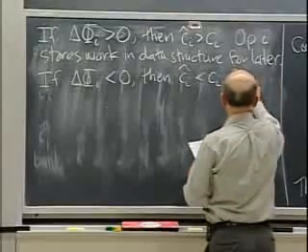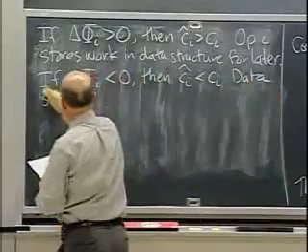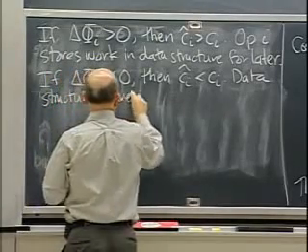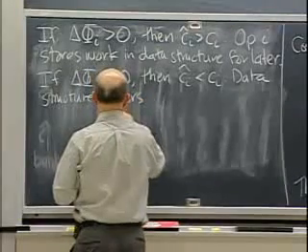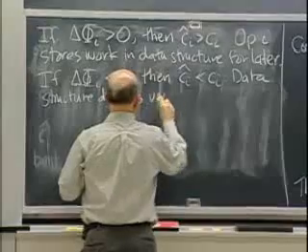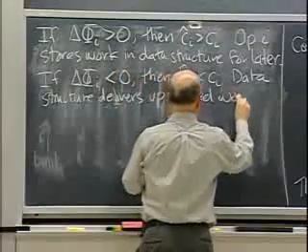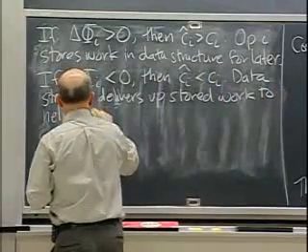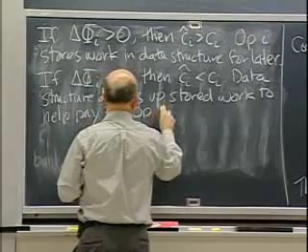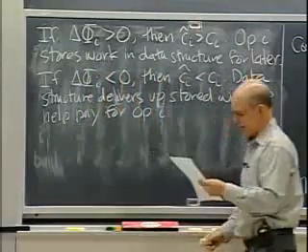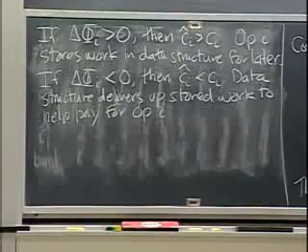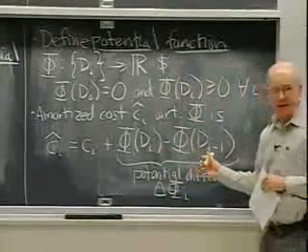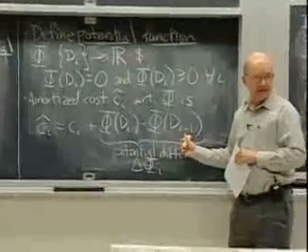And so the data structure delivers up work to help pay for op I. If it's less than 0, that means my bank account went down as a result.